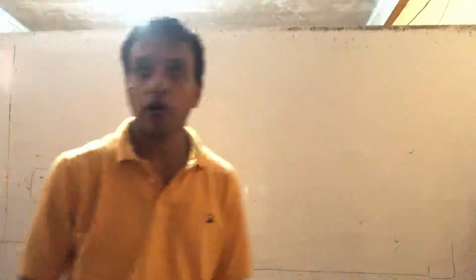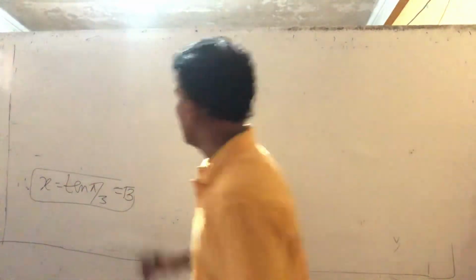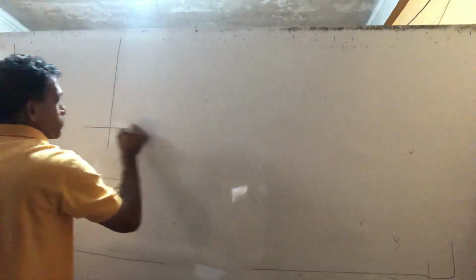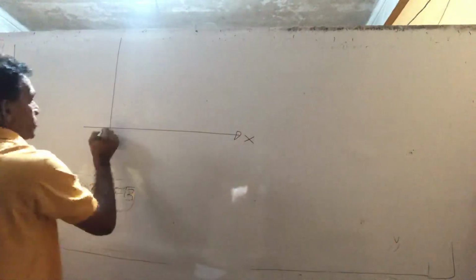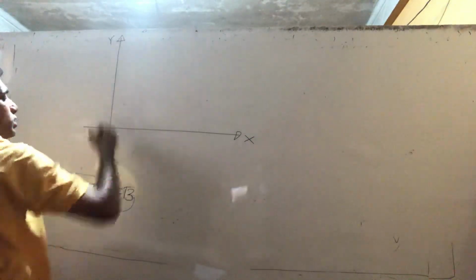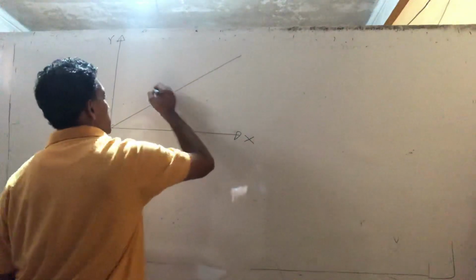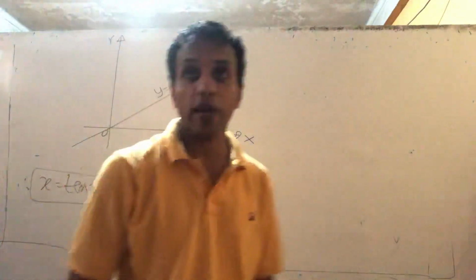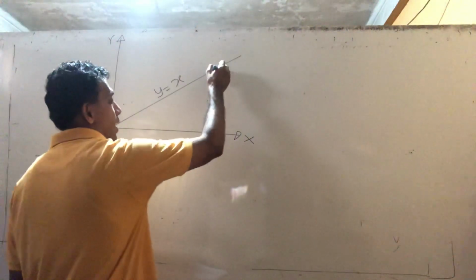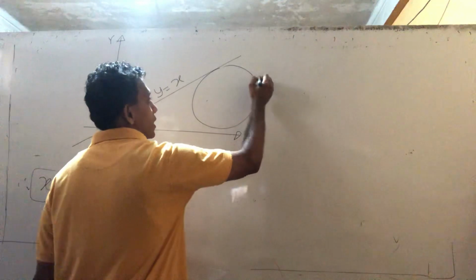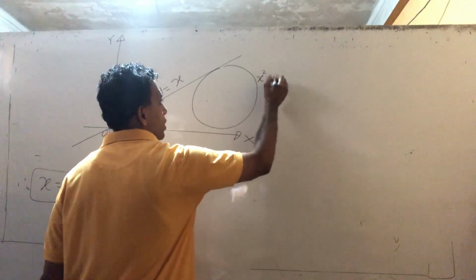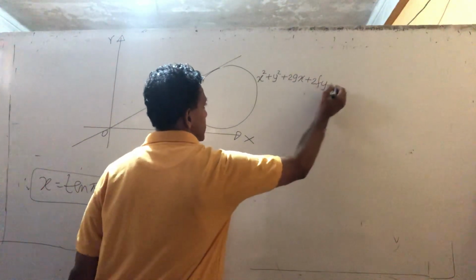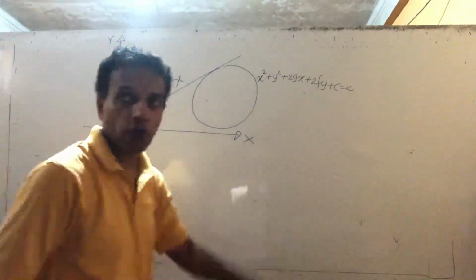Okay, last question, problem 10. A circle touches a straight line. It's coordinate geometry. The straight line y equal x touches a circle given as x square plus y square plus 2gx plus 2fy plus c equal to 0, the standard equation of a circle.